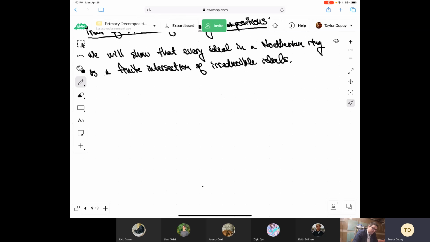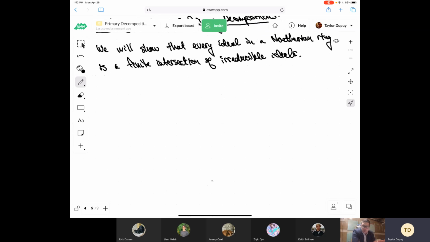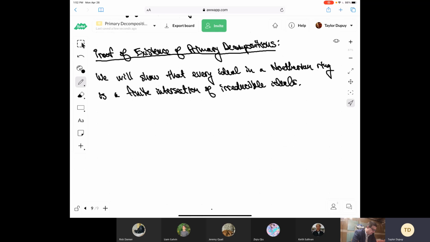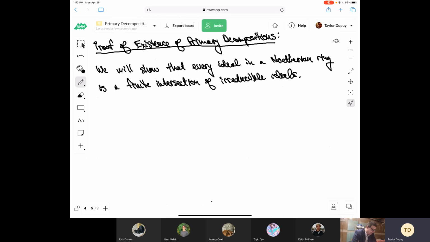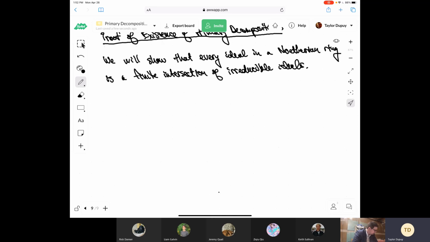All right, and so this, I guess it doesn't show the minimality part of this, but I claim that you can get the minimality part just by modifying this. So we're just going to show that again, every ideal is a finite intersection of irreducible ideals.